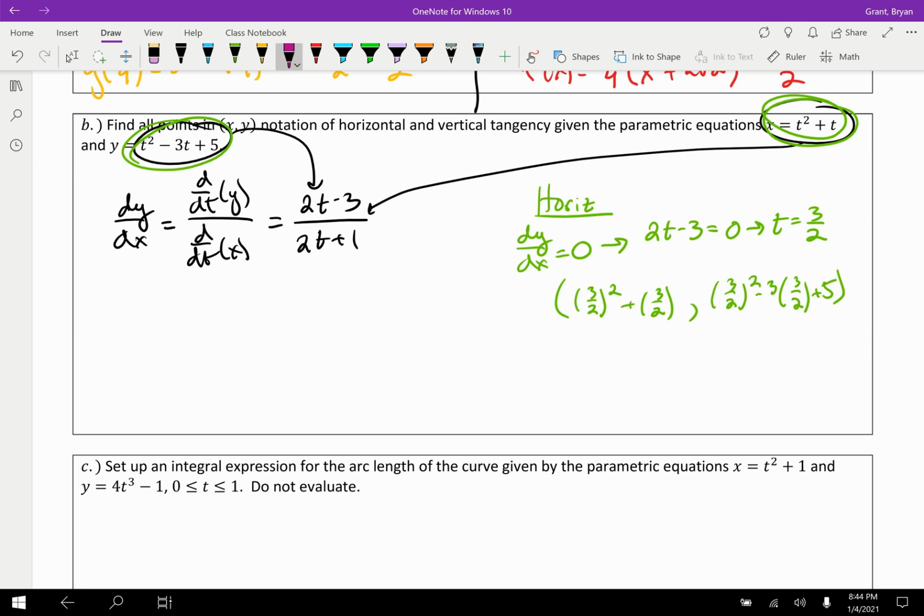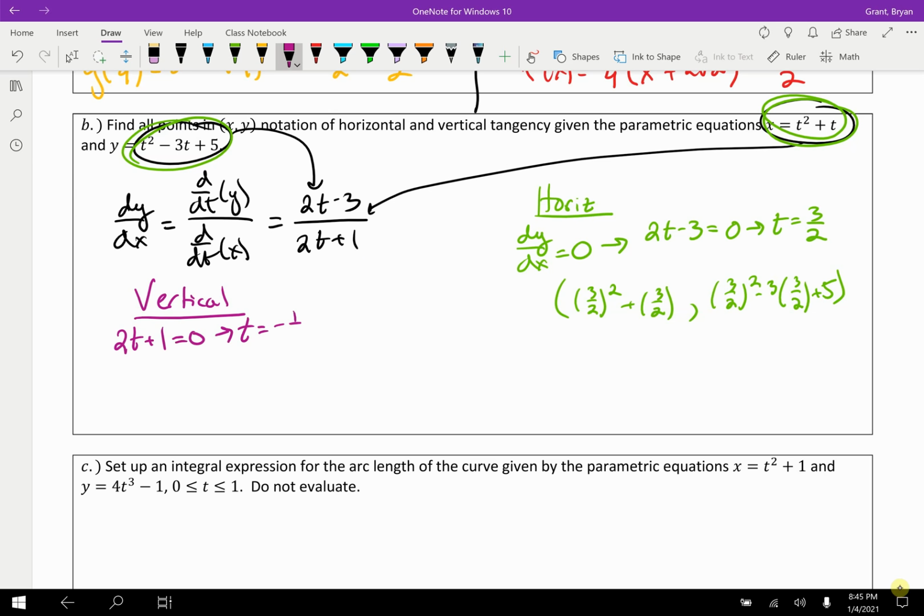So, shh. Let's look at the vertical points of tangency. Vertical tangent lines occur when the slope is undefined, usually because our slope is approaching infinity or negative infinity. For a fraction to have an undefined slope, the denominator needs to become 0. So what causes 2t plus 1 to equal 0?